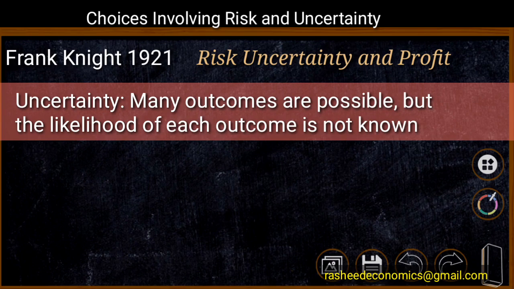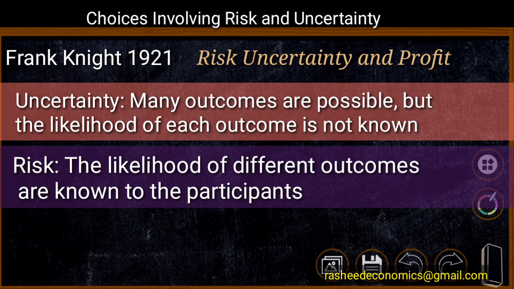But risk is different from uncertainty. Risk is the term to refer to a situation in which we can list all possible outcomes and the likelihood of each outcome occurring. There are different outcomes and it is possible to assess the likelihood of each and every outcome.